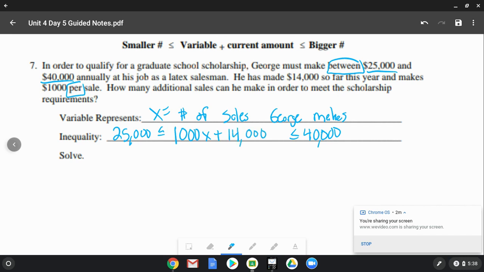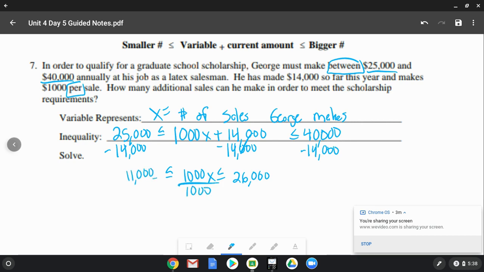In order to solve this inequality, we have to subtract 14,000 from all three sides. I'd get 1,000x left over in the middle. I'd get 40 minus 14 is 26,000. And 25 minus 14 is 11,000 divided by 1,000.